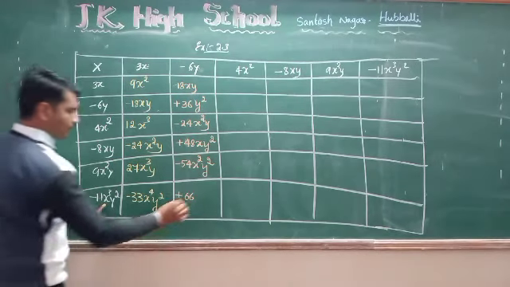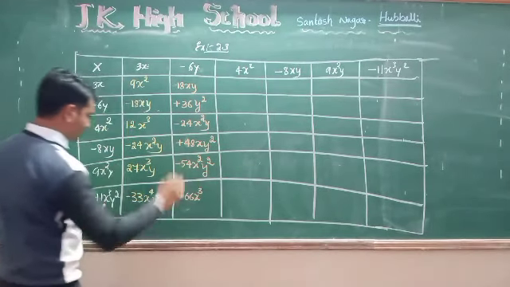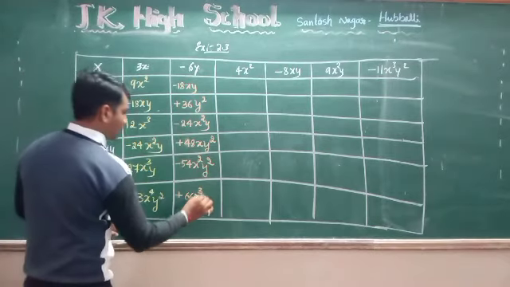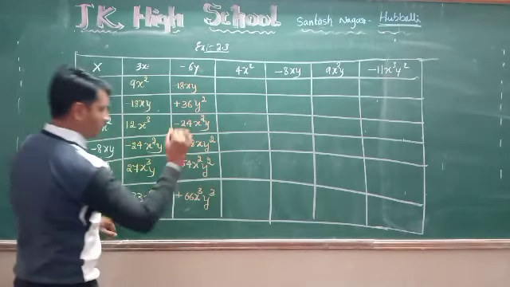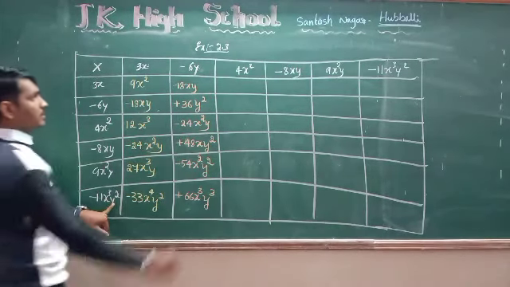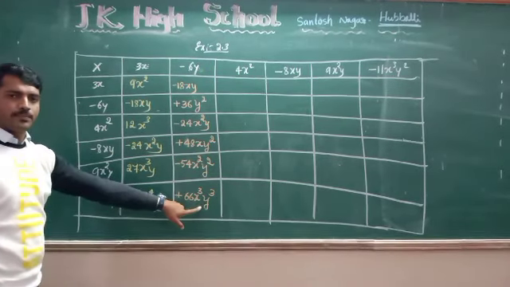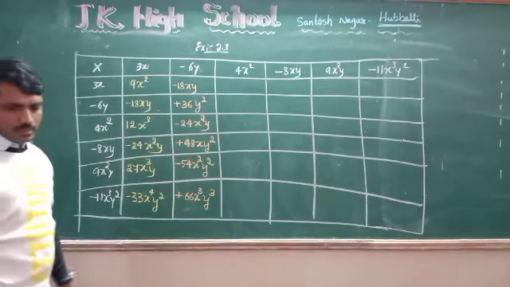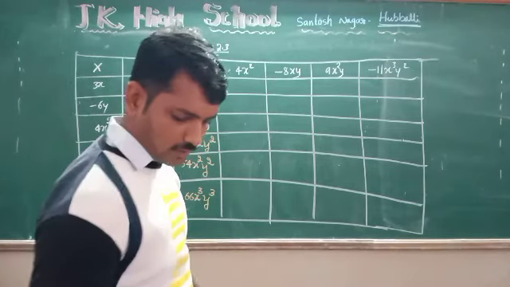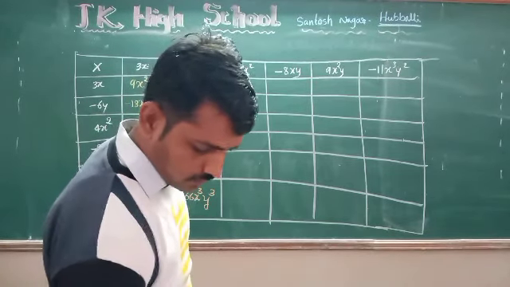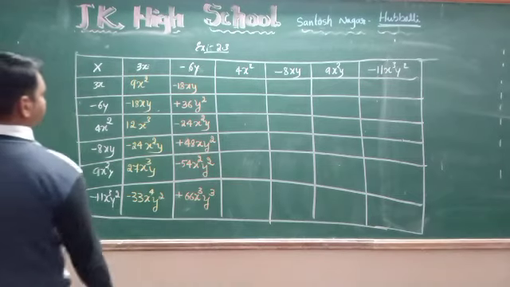X cubed as it is, y squared into y, what will come? Y cubed. Here y squared is there, here y is there, 2 plus 1, y cubed will come. So the second column is clear. Yes. Shall we go for the third column? Let's come to the third column.